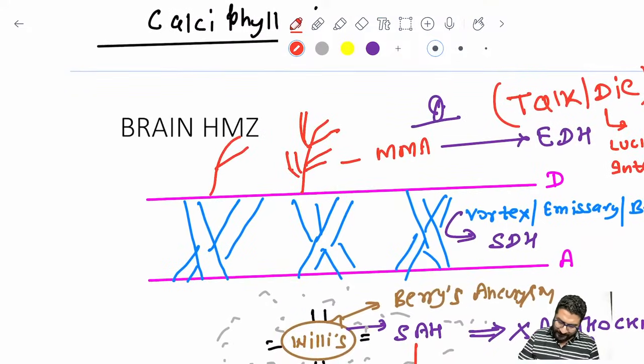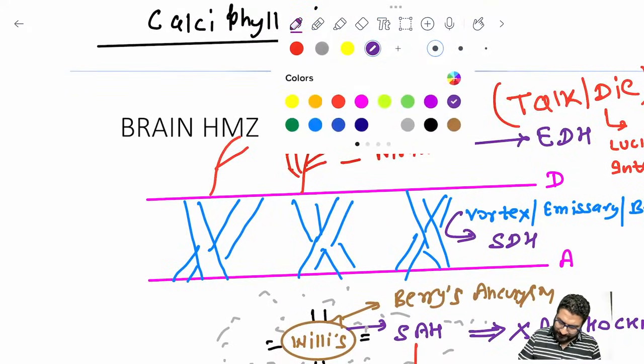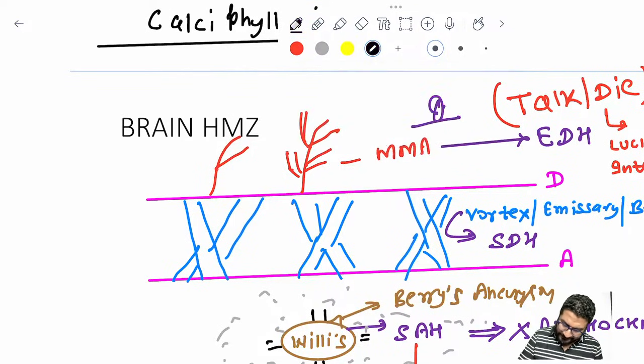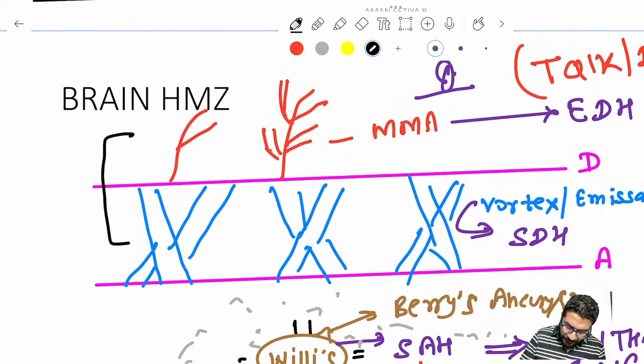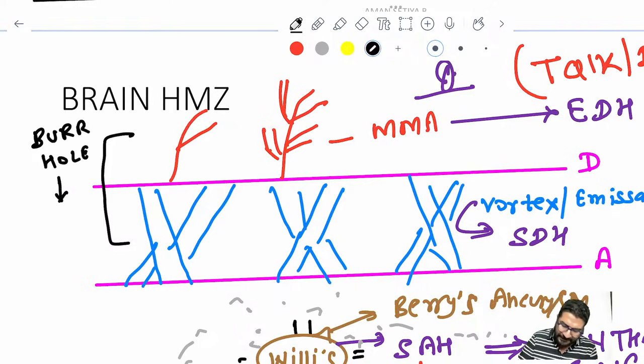Okay, now coming to this, in these two hemorrhages, what do we have to do? You have to stop the bleed. To stop the bleed, we need to evacuate the hematoma. So what do we do? We can do a surgery, called burr hole surgery. If there is no improvement from the burr hole, then the next option will be hemicraniectomy.